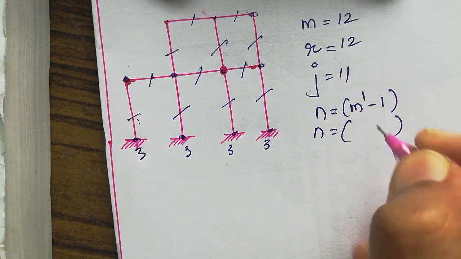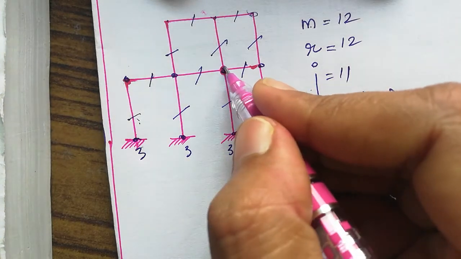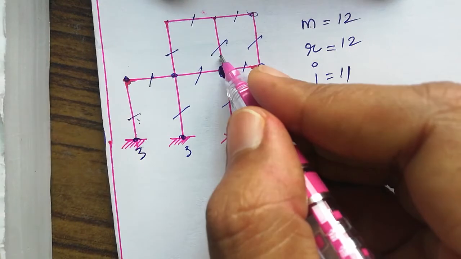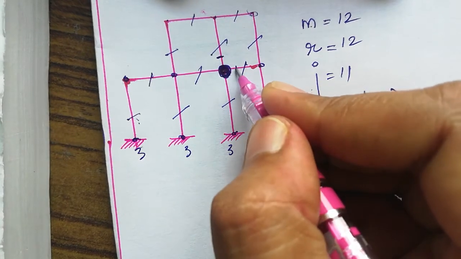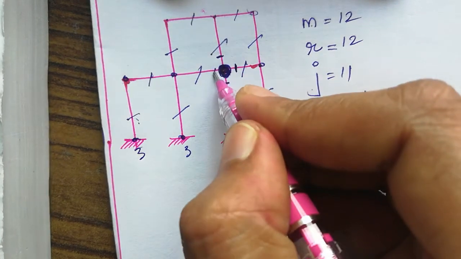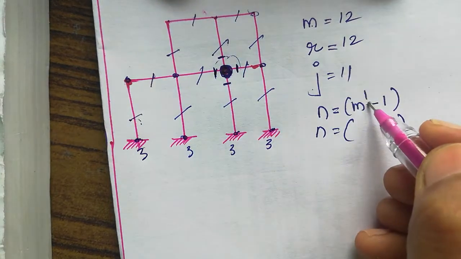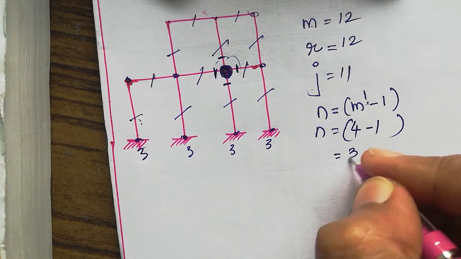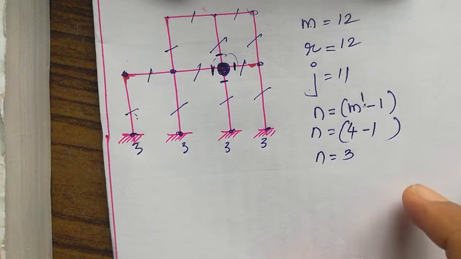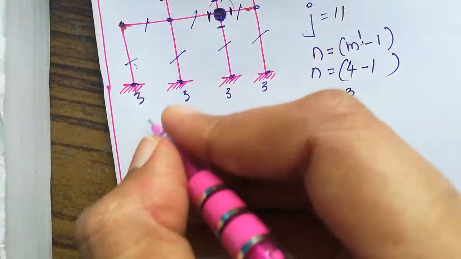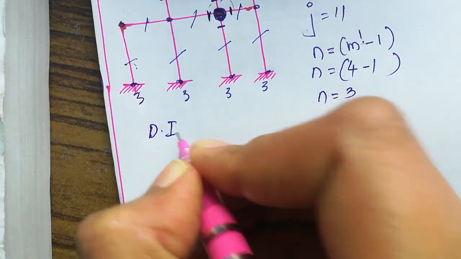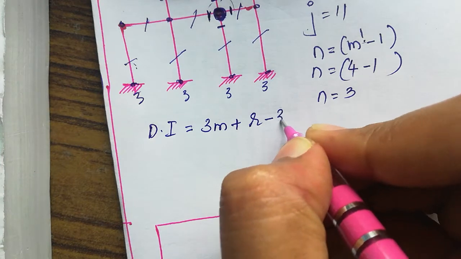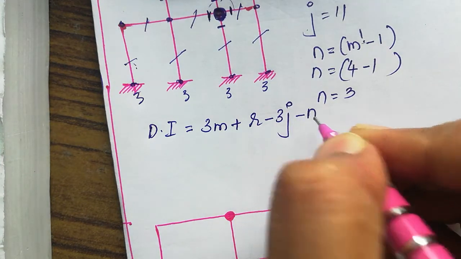Next, m dash. Now for this internal hinge, how many members are joining? 1, 2, 3 and 4. 4 members join at the internal hinge. 4 minus 1, that is 3. So n is equal to 3. Now if you substitute in the equation, degree of indeterminacy is equal to 3m plus r minus 3j minus n.